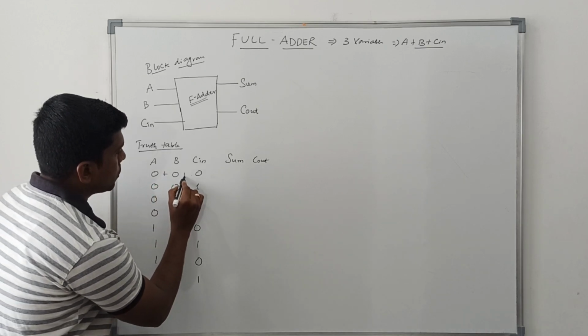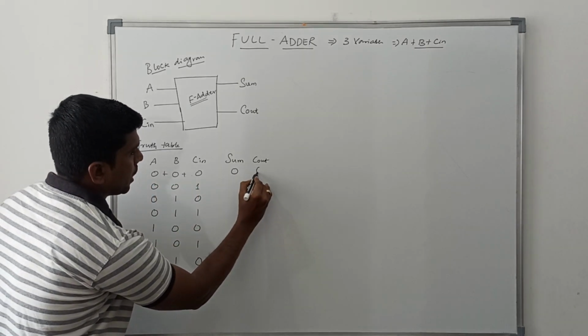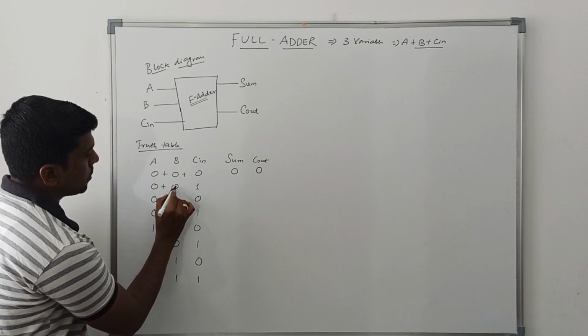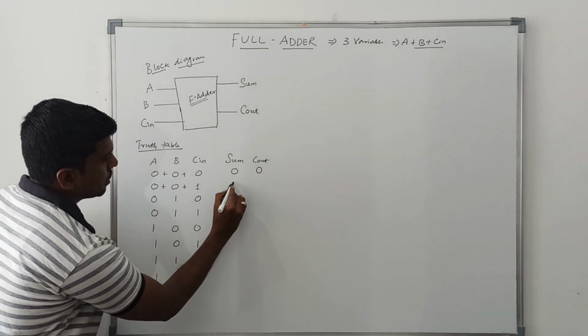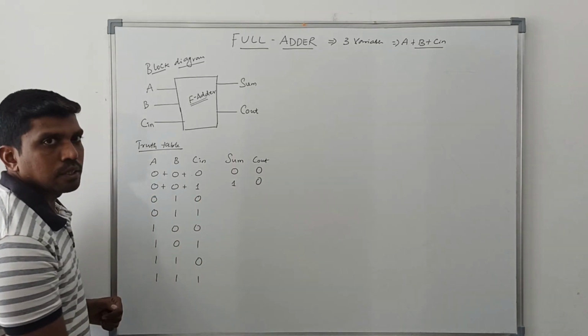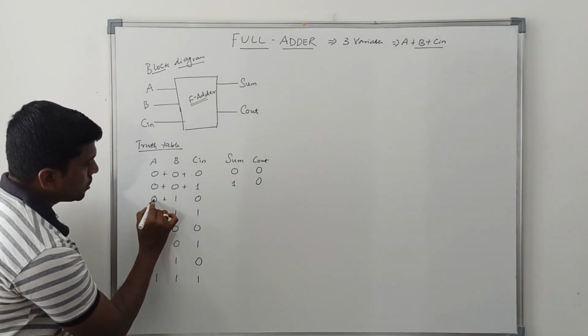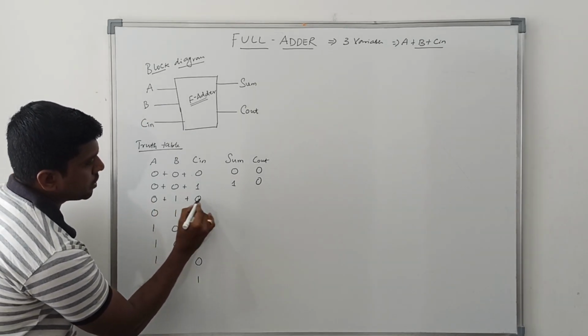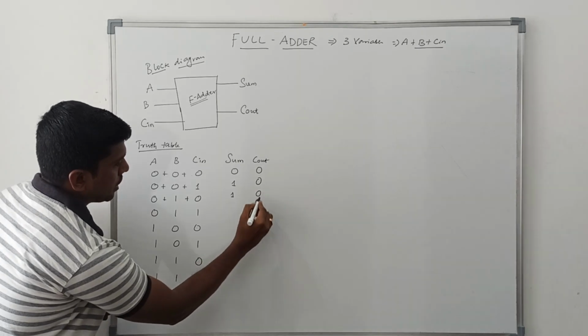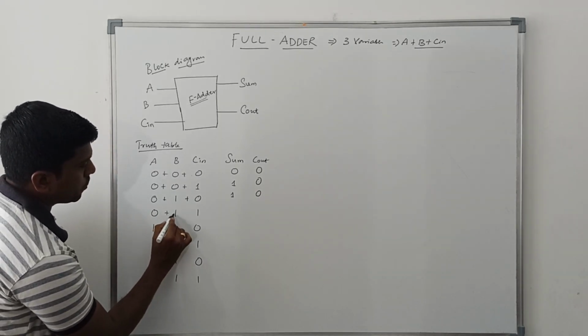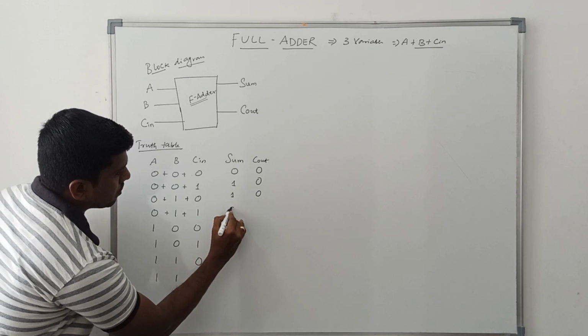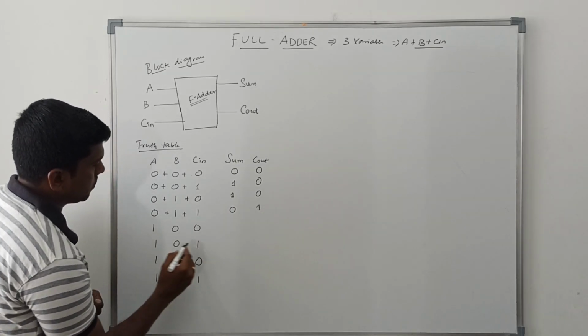So 0 plus 0 plus 0, sum 0, carry 0. 0 plus 0 plus 1, sum 1, carry 0. 0 plus 1 plus 0, sum 1, carry 0. 0 plus 1 plus 1, sum 0, carry 1.